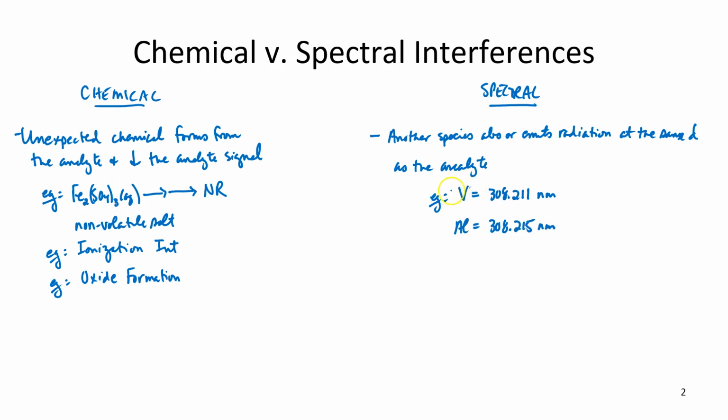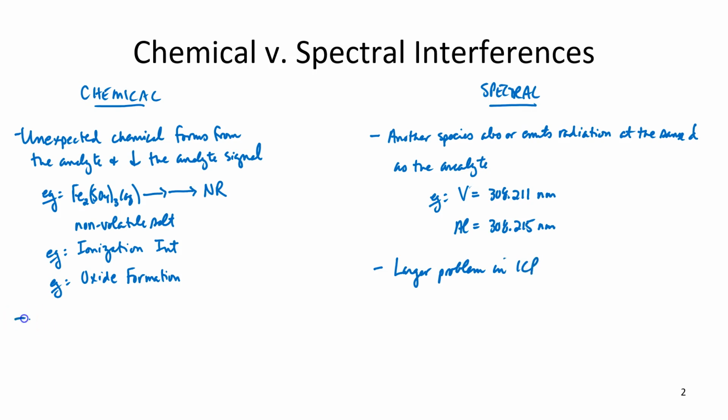If you're trying to quantify vanadium in the presence of aluminum, aluminum may interfere. It may behave as a spectral interference. Spectral interferences tend to be a larger problem in ICP because you're measuring the emission of radiation, and there could be a lot of different substances emitting radiation.